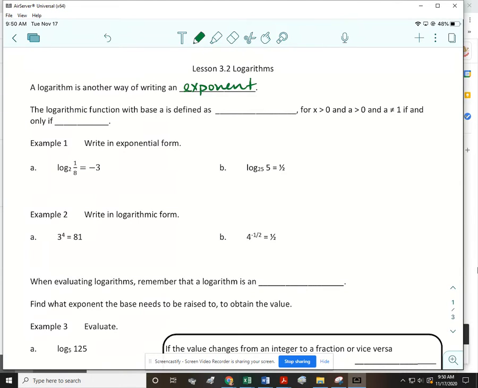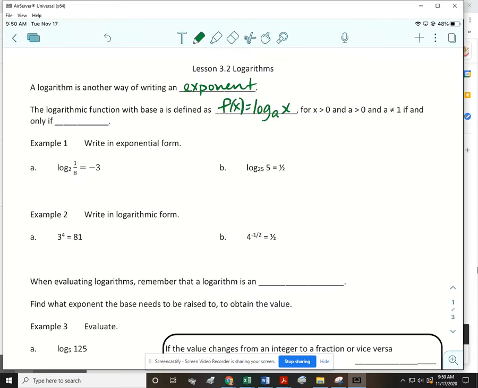So a logarithmic function with base a is defined as f of x equals log, with a subscript that is the base, so base a, of x. Now the x, which is what I call the argument, and we'll talk about that another day, must be greater than 0.